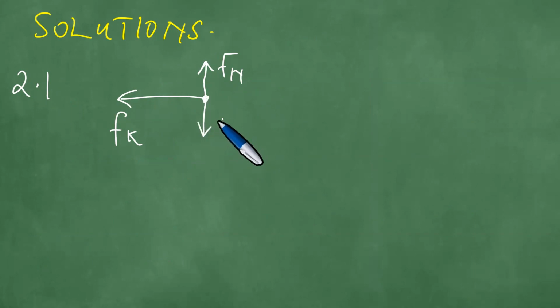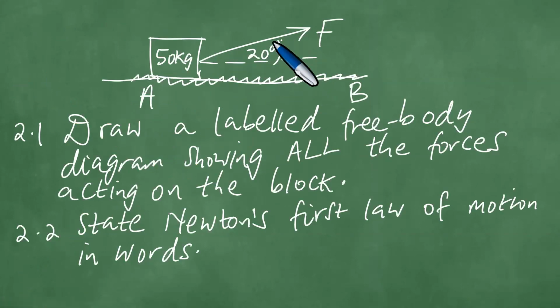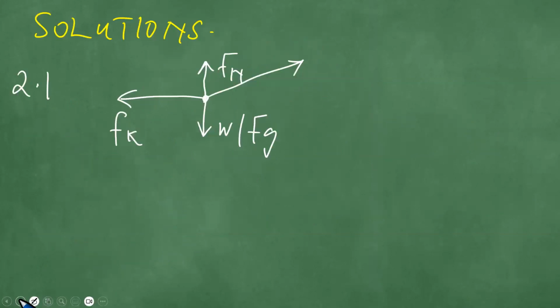Straight down is the weight. If you do not call it the weight, we call it the gravitational force. At an angle here, there is an applied force, because somebody is pulling the block towards the right at an angle of 20 degrees to the horizontal. And what this means is we are having a force F. Right, so we have that. Now, with that said, we are done with this, and this is the force diagram that is required.